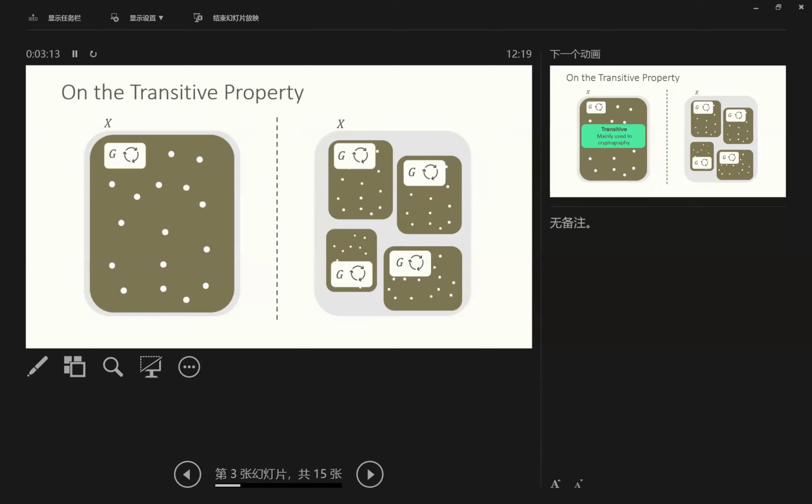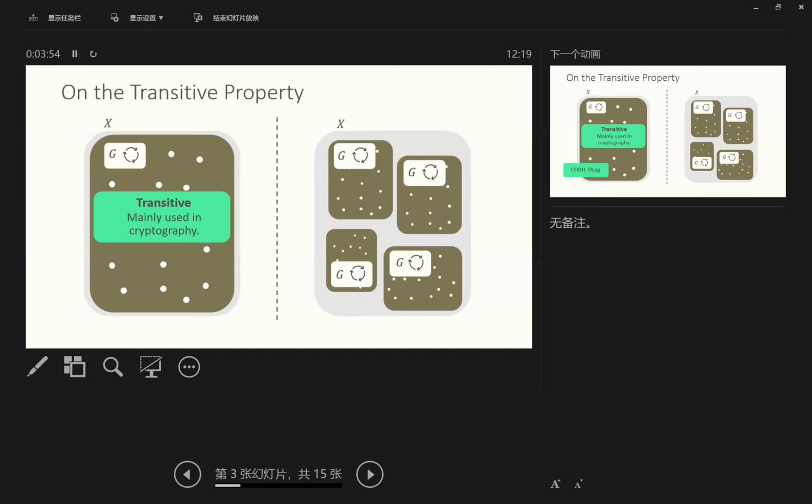Okay, let's recall what transitive means. On the left, we have a transitive group action, and this fact implies that given any two points in X, there exists a G sending the first point to the second. On the right, we have a non-transitive action. This means that X is partitioned into two orbits, and if we pick two points inside the same orbit, there exists a G. But if we pick two points in distinct orbits, such a G doesn't exist.